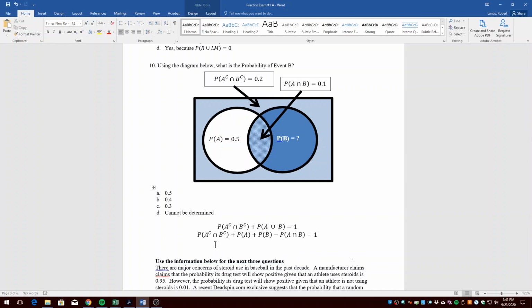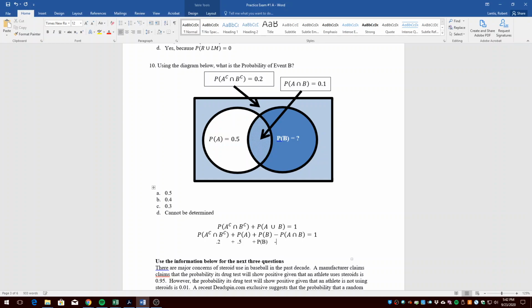I've got the intersection of the complements, I'm told, is 0.2. So 0.2. Add to that the probability of A, which is told to me to be 0.5. Add to that the probability of B, which is what I don't know.